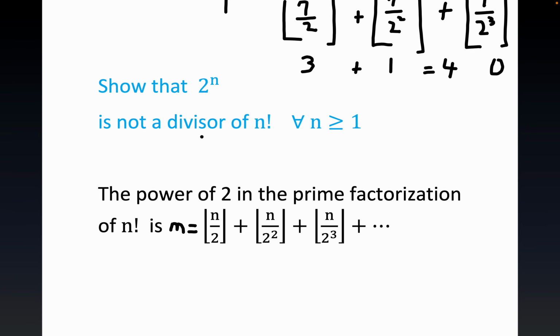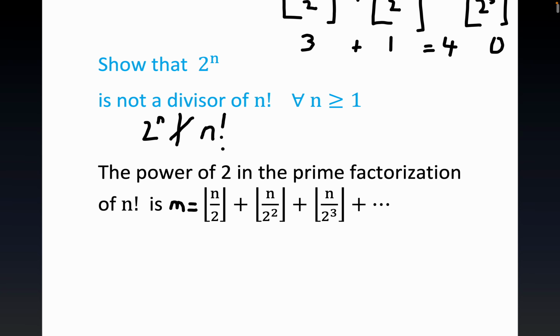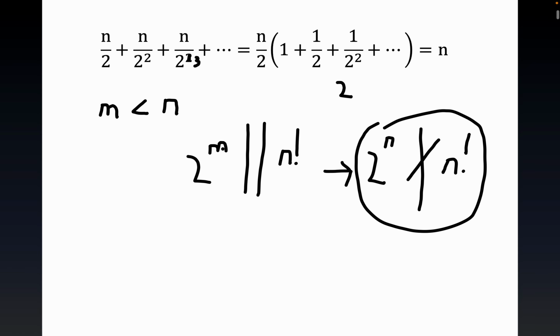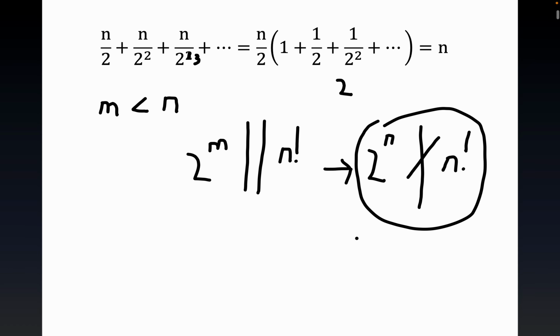Or that's another way of stating this: 2 to the N does not divide N factorial. All right, folks, anything else? I guess that's it, so we can put down QED here.